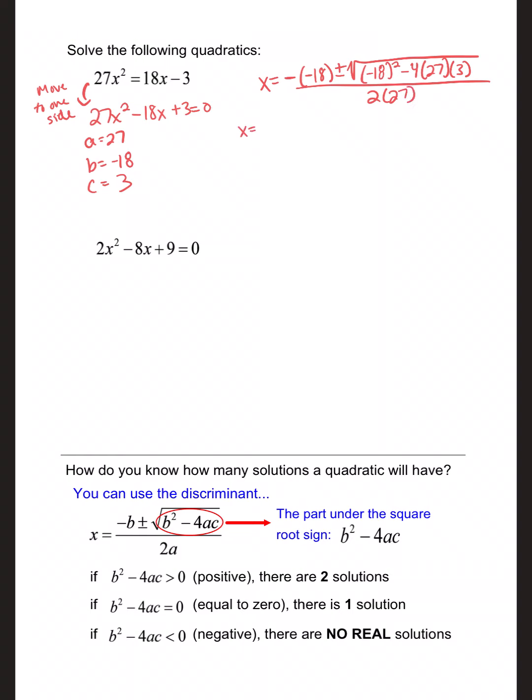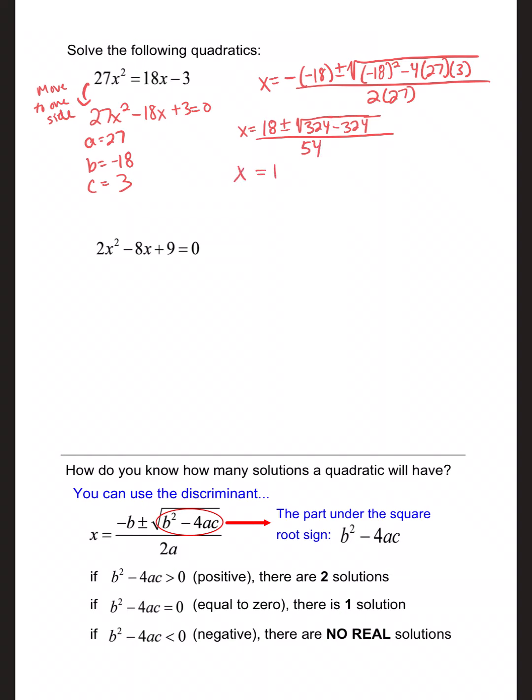So we will simplify as much as we can. A negative 18 is a positive 18. And then we want to simplify what's under our bracket. So negative 18 squared is 324, and then 4 times 27 times 3 is also 324. And that will be over 2 times 27, which is 54.